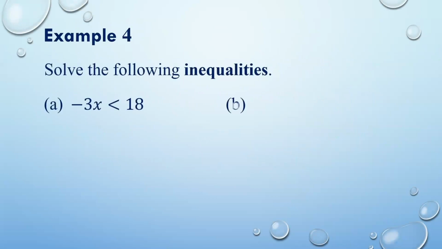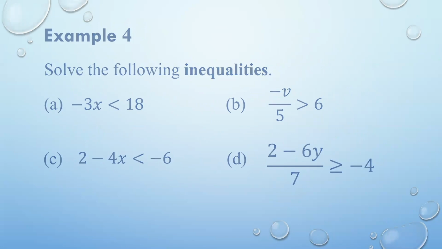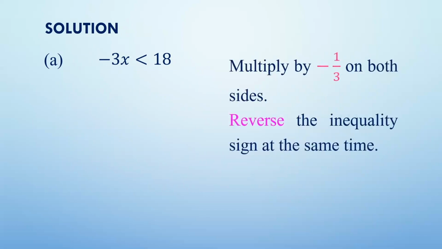We consider the fourth example. Solve the following inequalities. The solution to part A. Negative 3x less than 18. So here I will have to multiply by the multiplicative inverse of negative 3, which is negative 1/3, on both sides. Remember, I'm multiplying by a negative number.